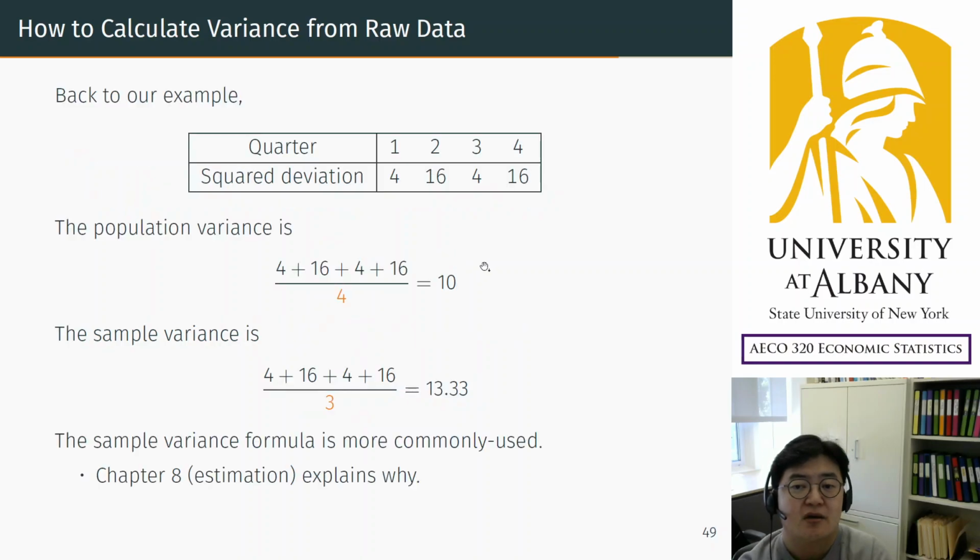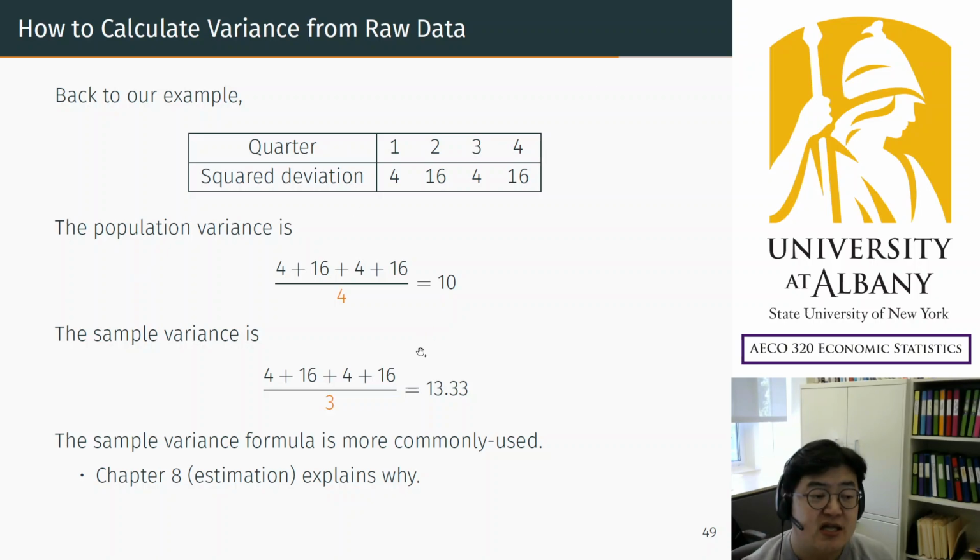Okay. So as I said, back to our example, I did not finish this. In our example, the difference between population variance and sample variance is larger when the sample size is small, because the difference between 4 and 3 is like 25%, but in our data, when we have 456 observations, subtracting 1 or not does not cause much difference.